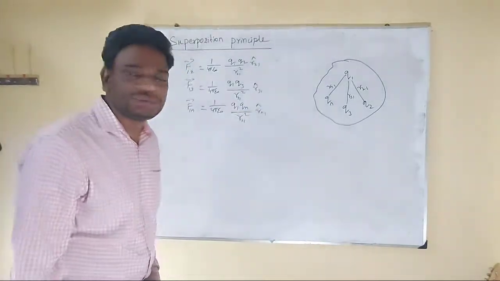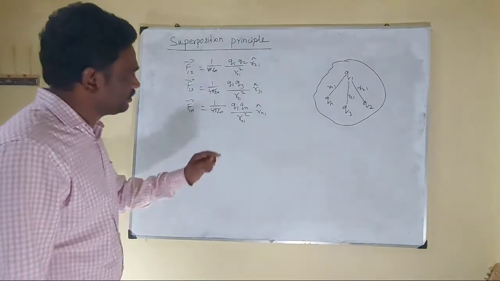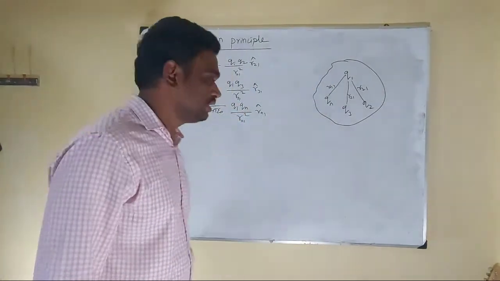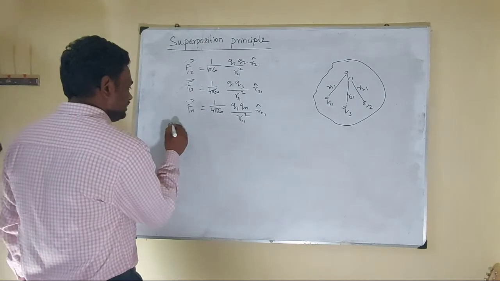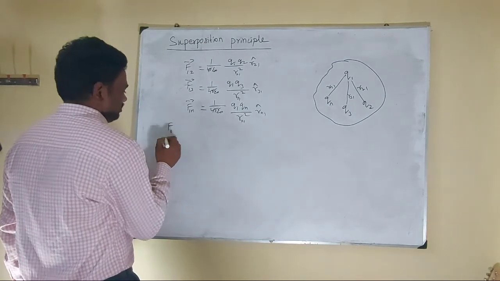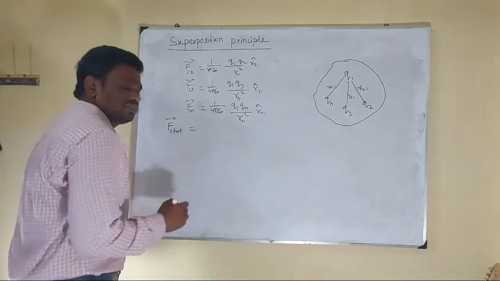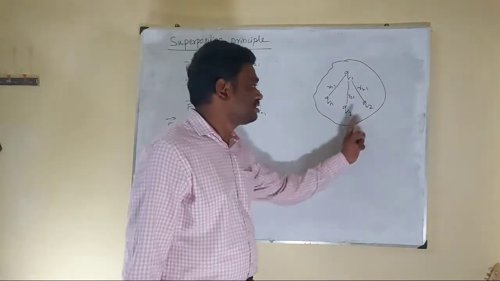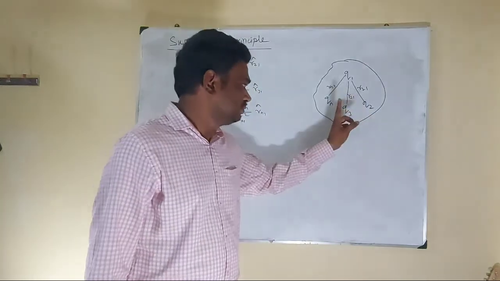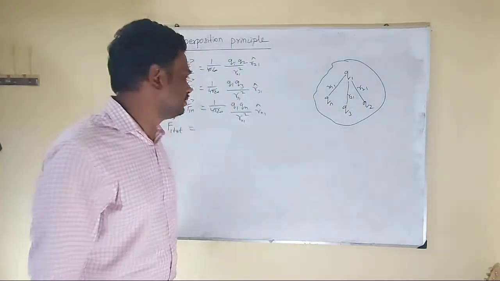Now I am going to apply the superposition principle, that is the force on the charge Q1, so I am going to use F1 total. It is equal to the vector sum of forces due to the charges Q2, Q3 up to Qn.